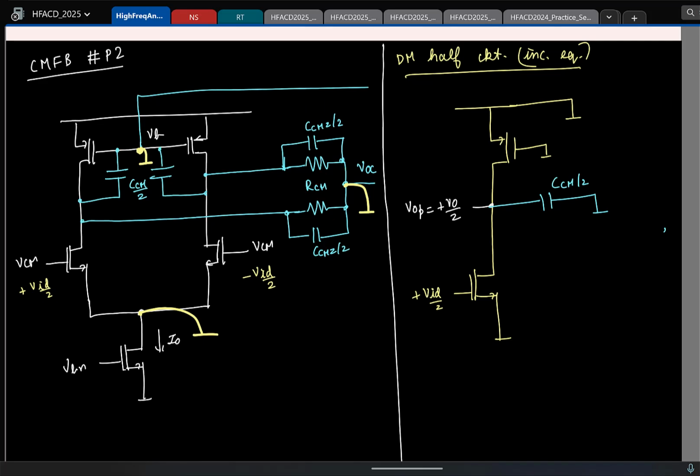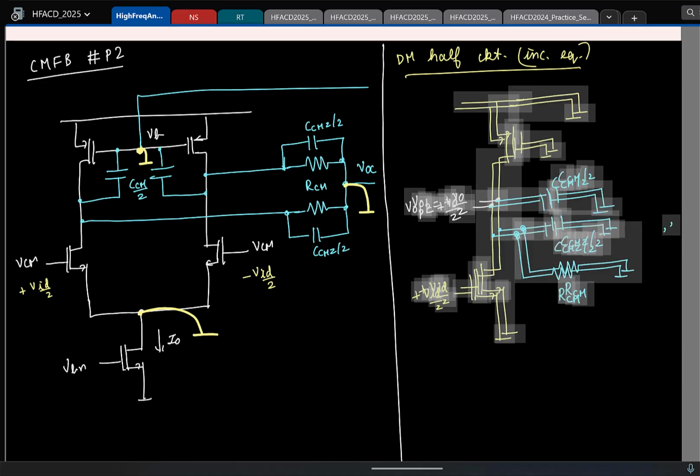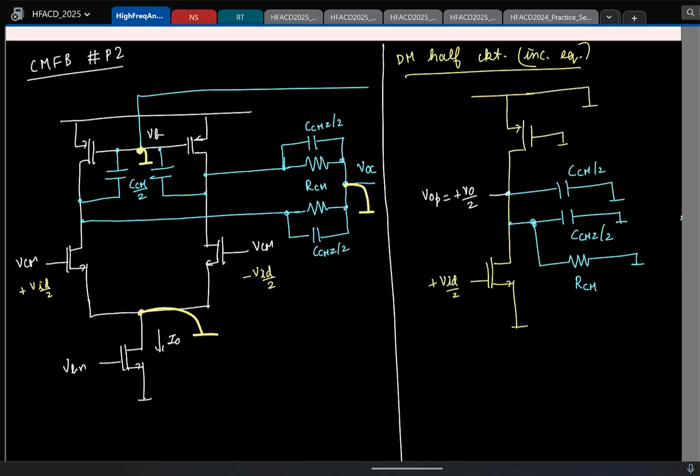What can you say about these two? They are also connected from the output. Other end is small signal ground. Right? So first I'll draw the capacitor. So this is CCMZ by 2, and then I have RC. Fine.